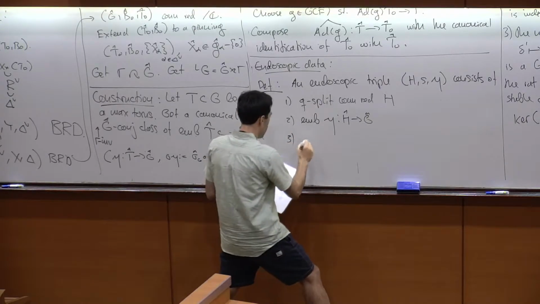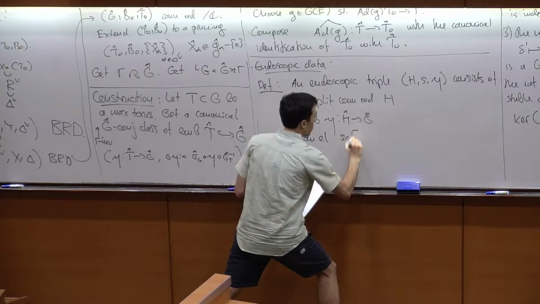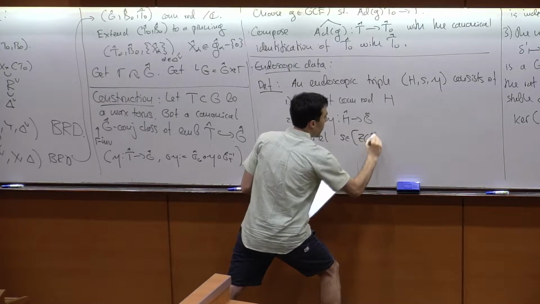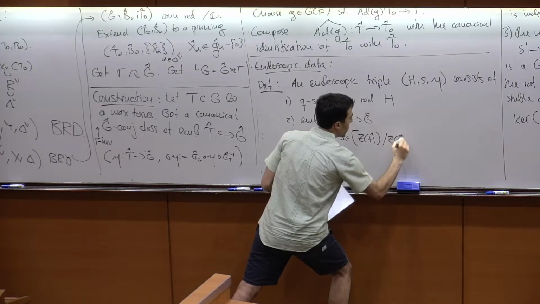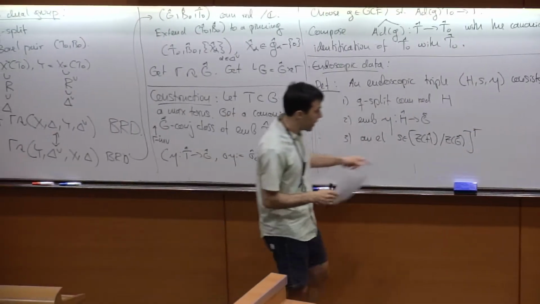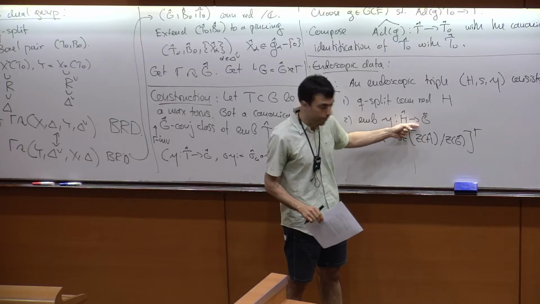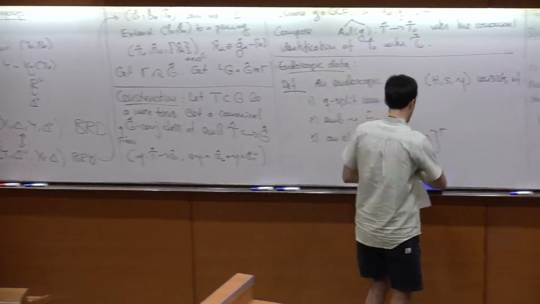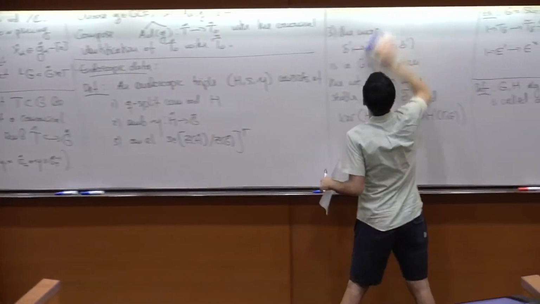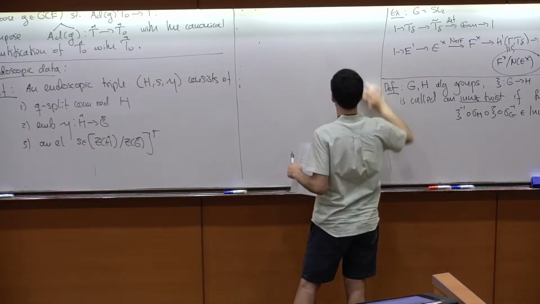And three, an element s in the center of H hat modulo the center of G hat, gamma fixed. Now, how can I make this quotient? Well, this embedding allows me to make this quotient. Okay. Subject to a few requirements.